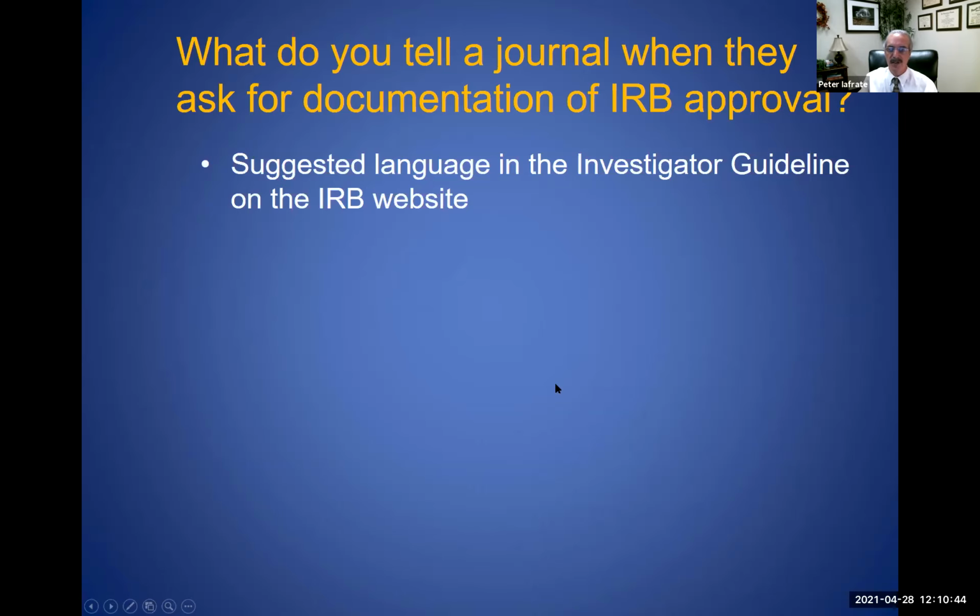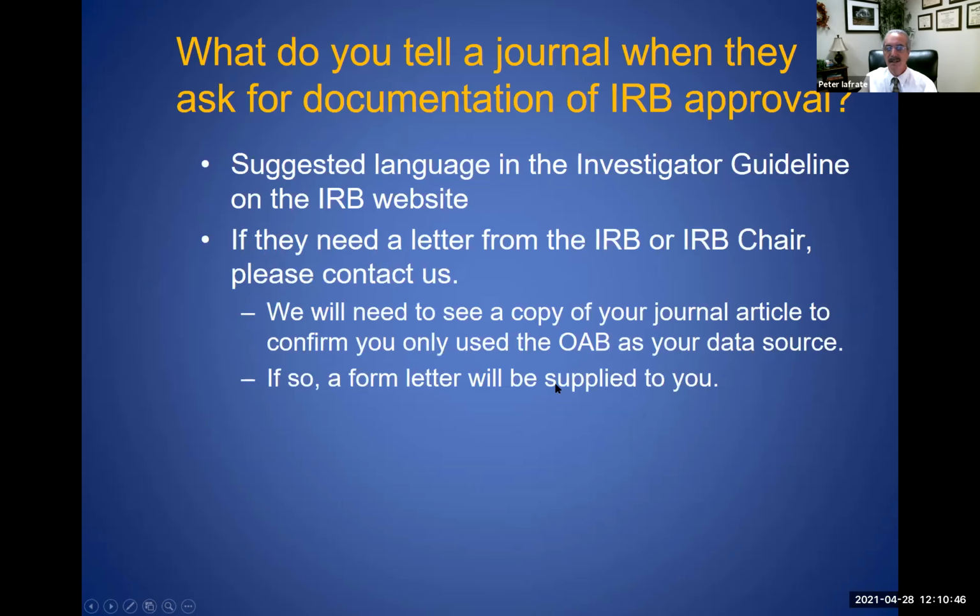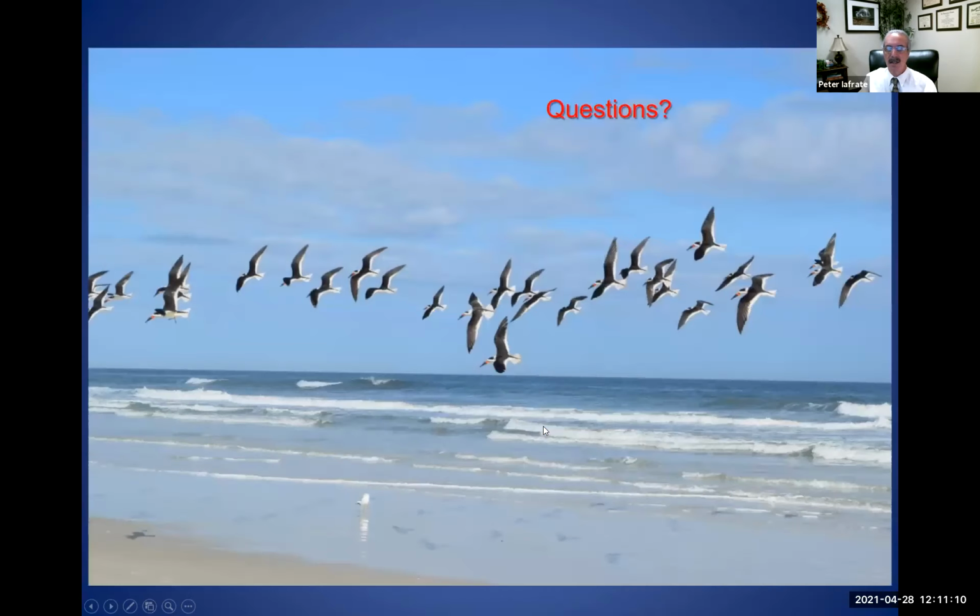However, if they are stubborn, and many are, and they want a letter from me, then you contact me. I'll need a copy of what it is you're submitting to the journal. And if it looks like it all came from these open access databases, then I'll provide you a signed form letter that you can provide to the journal. And that's it.